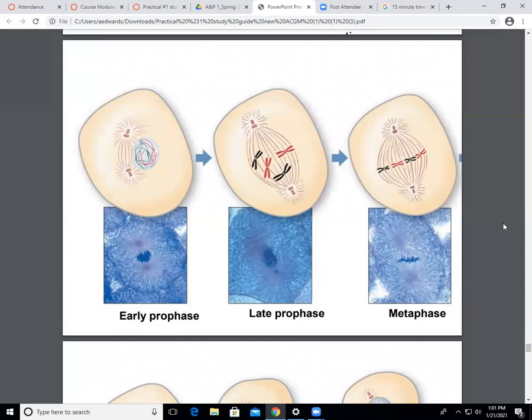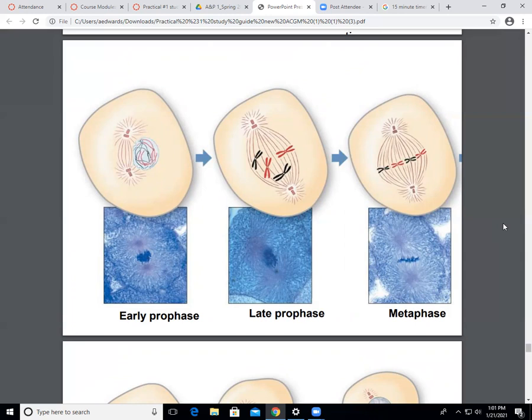And then here are those centrioles we just talked about. Remember they said they were involved in cell division? They're starting to move to the sides of the cell. By the time you get to late prophase, the centrioles have moved to the sides of the cell, and you get distinct chromosomes, no more nuclear membrane. Nuclear membrane's gone.